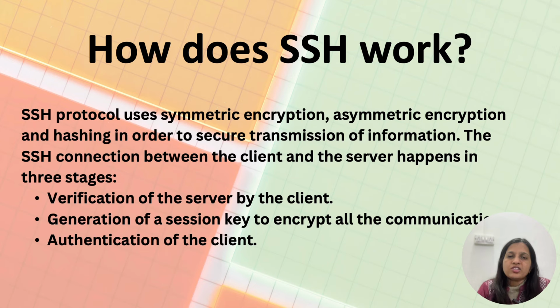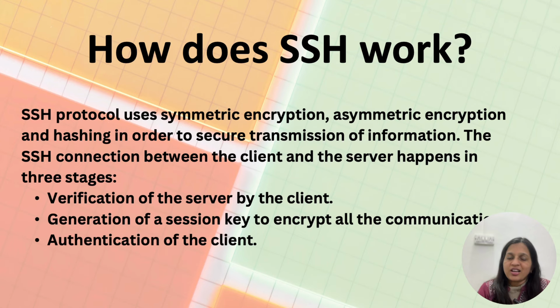The server, once it receives the public key, checks the authorized keys file on its system to verify whether the key is there or not. If it is, the server generates a random number, encrypts the message with the public key, and sends the encrypted message back to the client or the host.